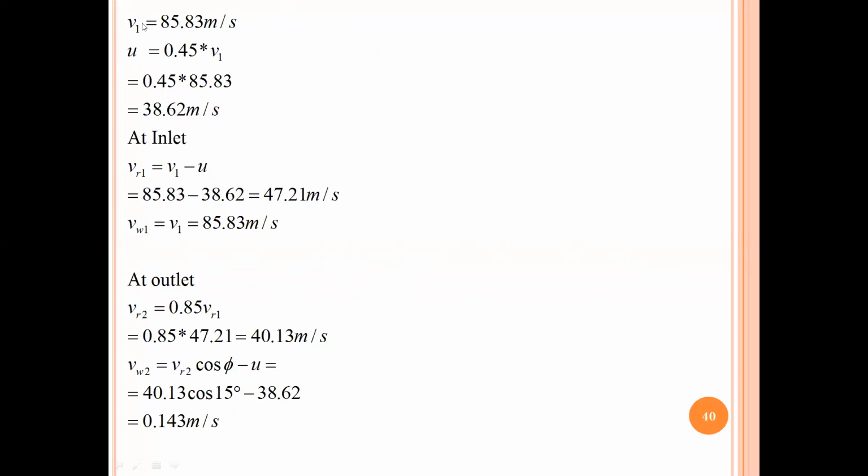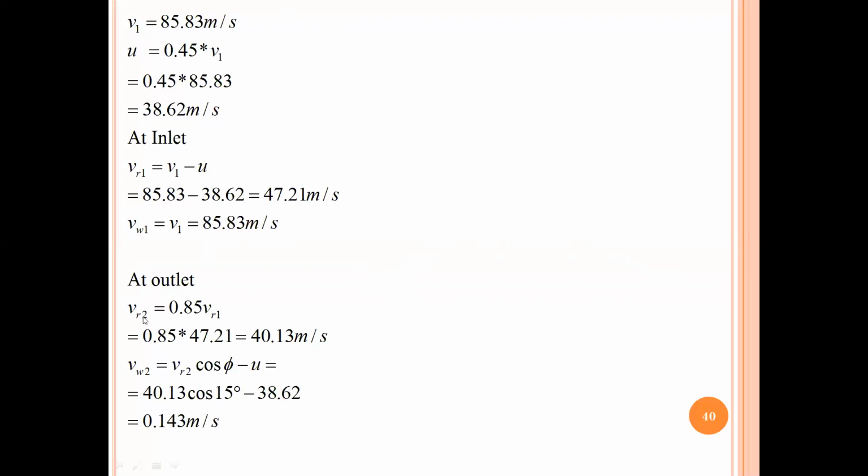Since I know V1 and U, I'll calculate the relative velocity at inlet. So I'll be getting 85.83 minus 38.62, which is 47.21 meter per second. Then VW1 is equal to V1, which is 85.83 meter per second.